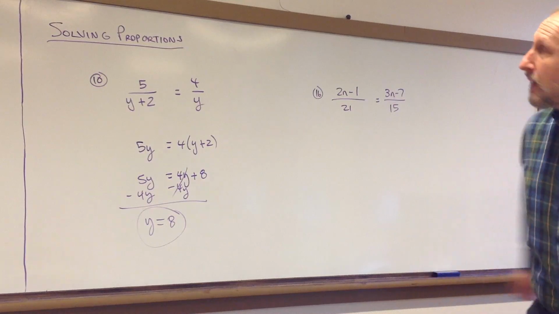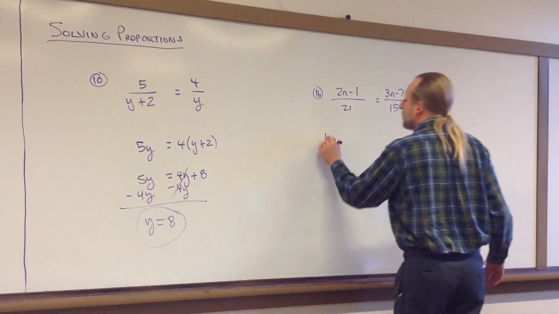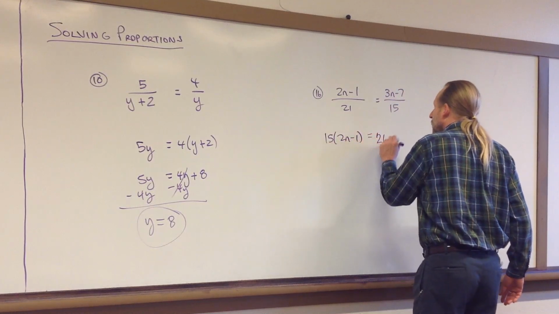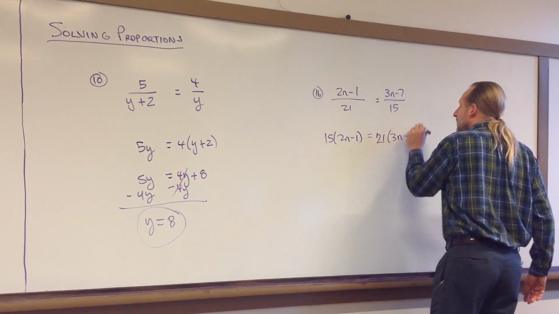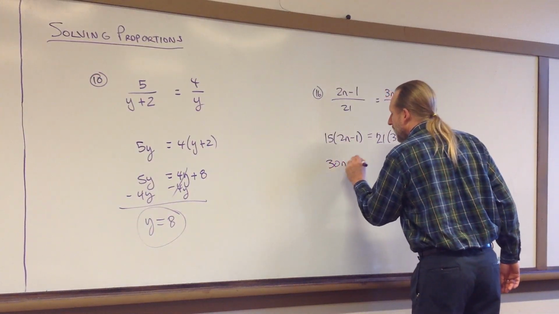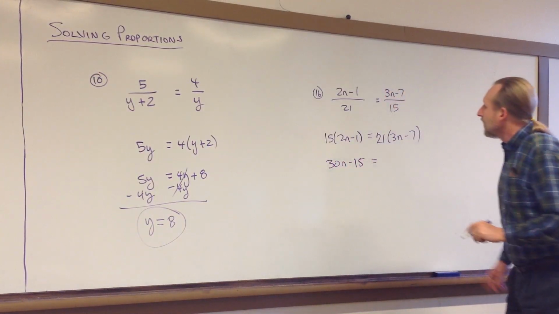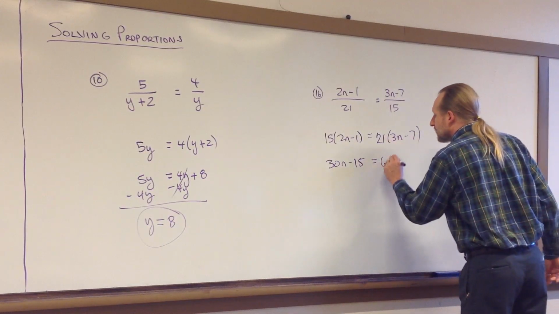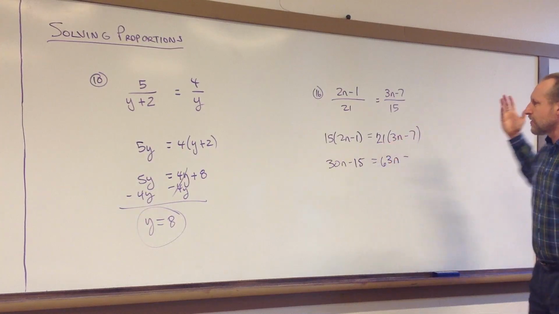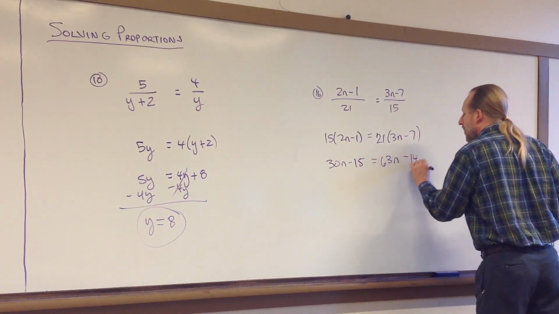Okay, so we'll start out the same way, multiplying 15 times (2n minus 1) equals 21 times (3n minus 7). So let's see, this will be 30n minus 15. Over here looks like 63n minus 147, looks like.